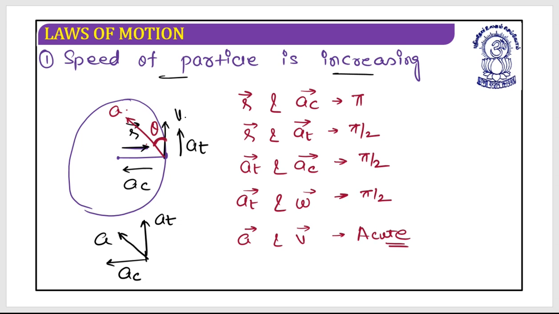We cannot have an exact value for every situation. If data has been given, that can be calculated, but in a normal sense, it is an acute value. I hope you can do the rest of the things. Yes, this is the case when the speed of the particle is increasing. Is it clear? Any doubts on this? No? Great.